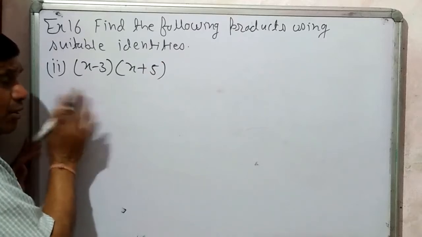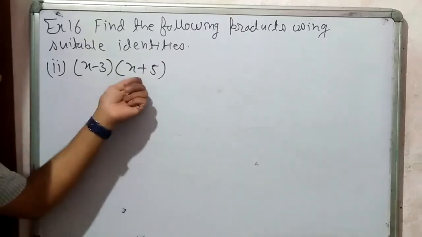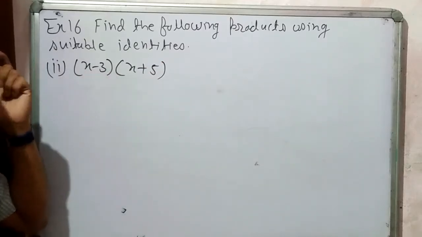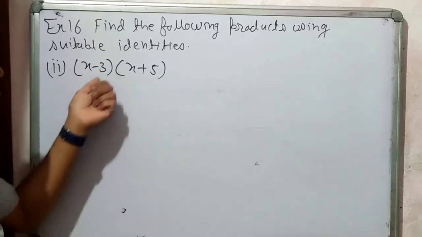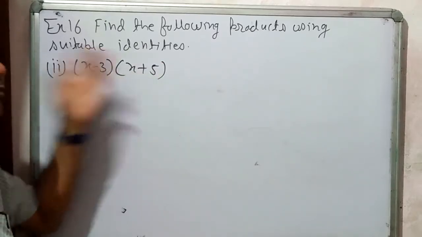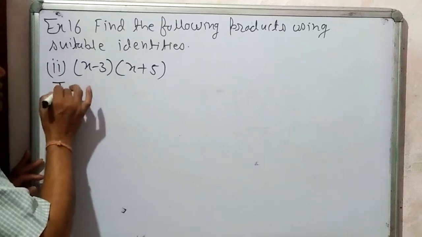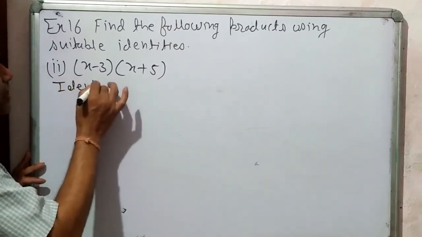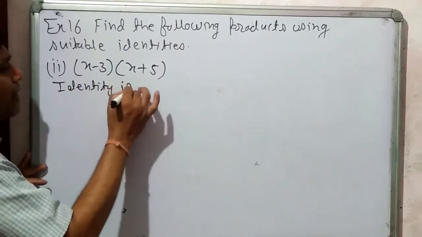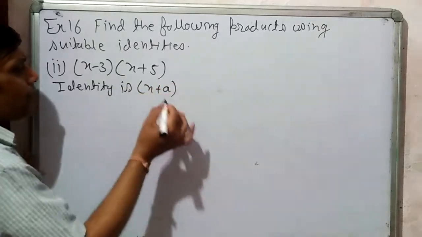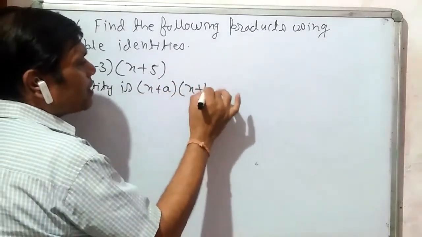Now what I observe over here is x is the same in both of them, but the second numbers are different, minus 3 and positive 5. That means here it is based on the identity: (x plus a) multiplied with (x plus b).